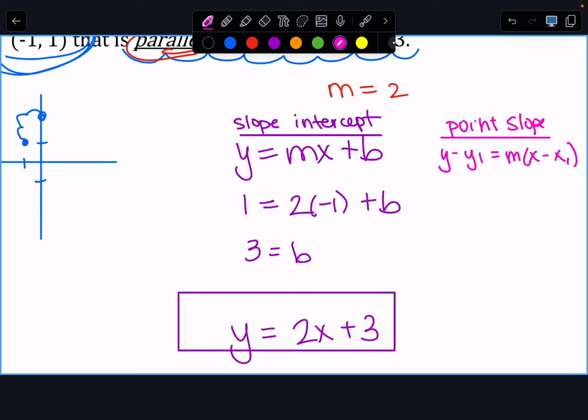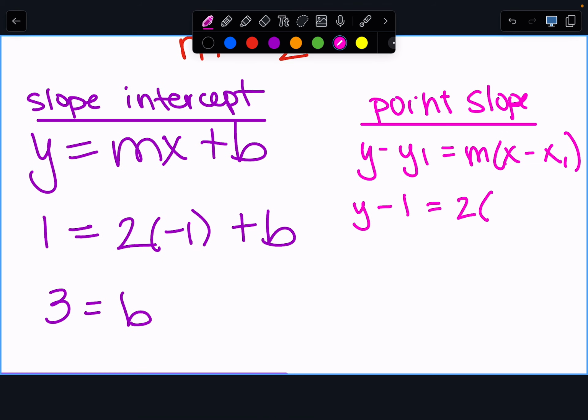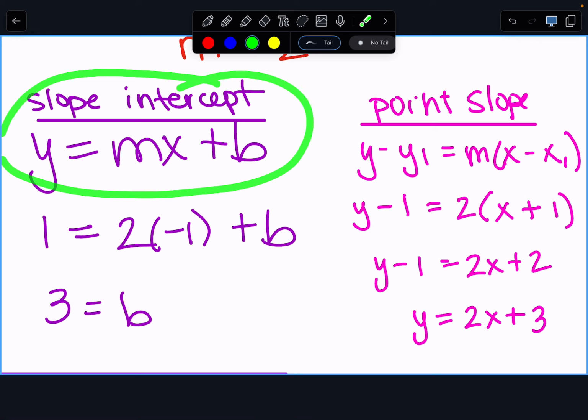So the person that remembered point slope form over here on group 8 said y minus 1 equals slope times x minus negative 1. Okay, so I have y minus 1 equals 2x plus 2, and that's how they got y equals 2x plus 3.